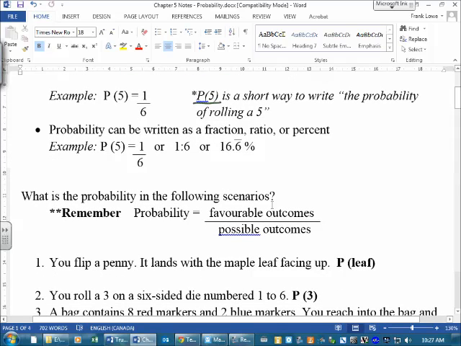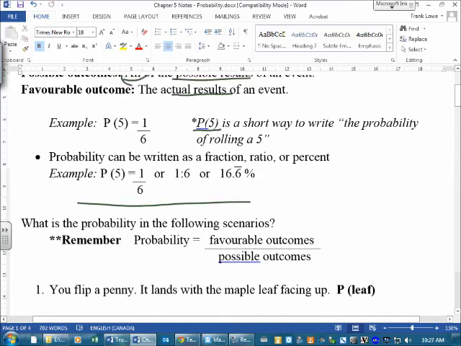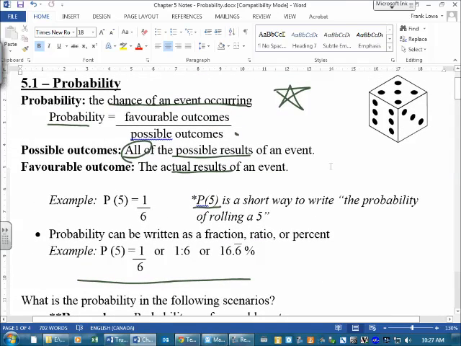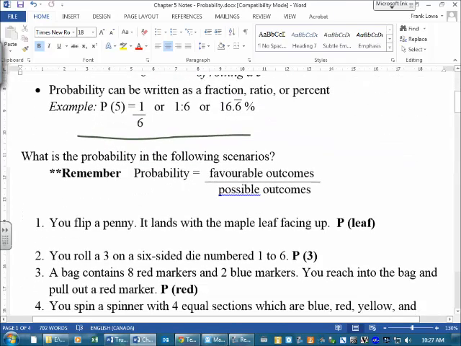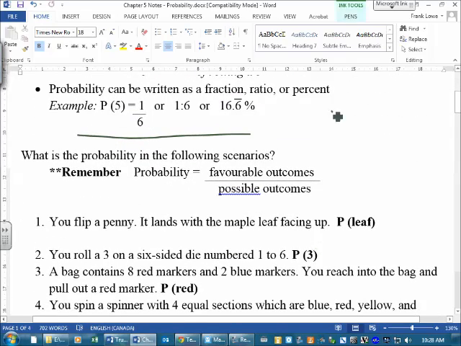So if you consider a die, I'm going to do this over on the side. I do have the answers right there. But if I were using this as my model, favorable outcomes over possible outcomes, and we were considering rolling a die, well, possible outcomes goes on the bottom.